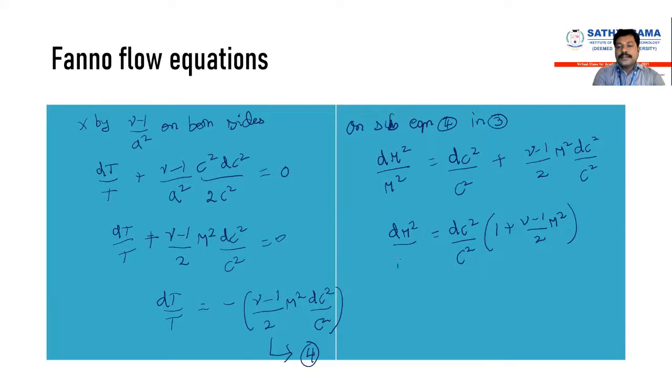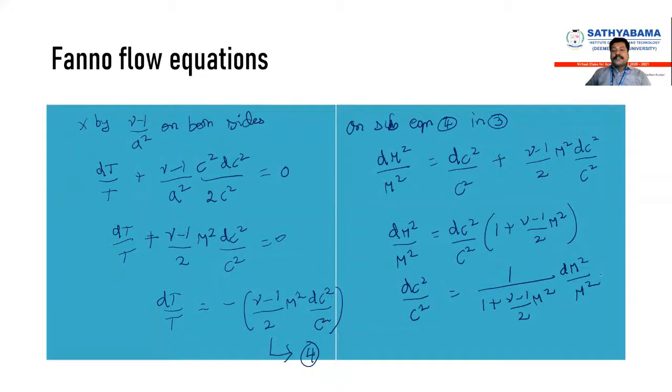Here you are going to rearrange the equation, and what we get is 1 divided by (1 plus (gamma minus 1) divided by 2 M squared) times dM squared by M squared. So this is your equation of velocity variation, the velocity variation of Fanno flow with respect to Mach number, as a function of Mach number.